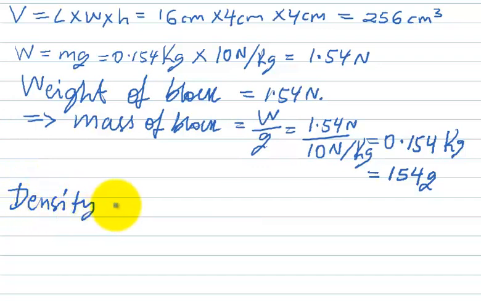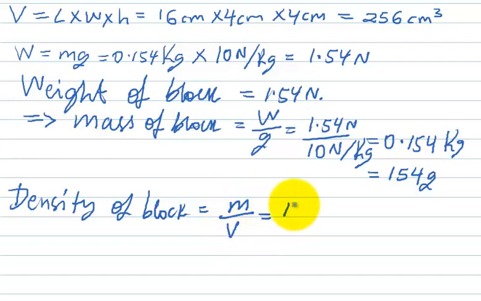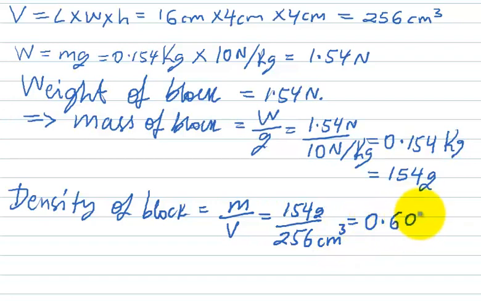So density of the block is equal to mass of the block divided by volume of the block, and this is 154 grams divided by 256 centimeters cubed, and this of course gives us 0.601 grams per centimeters cubed.